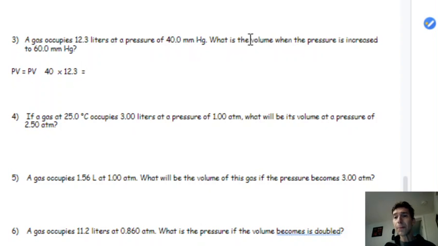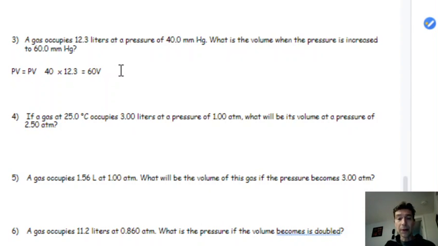Well, for the second PV, they're asking for volume, and they give us 60 millimeters of mercury. Well, 60 is the pressure, and we're asked to solve for X, or volume. Let's put a V. And how do you solve for that V? You just take 40 times 12.3 and divide it by 60, and when you do that, you get 82 liters.